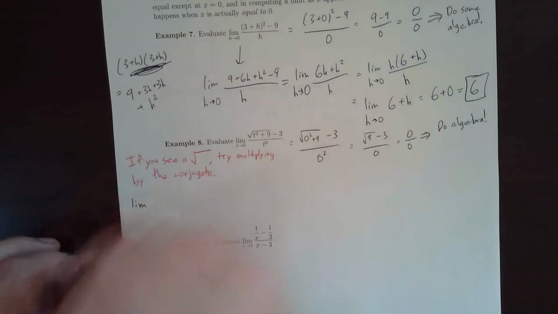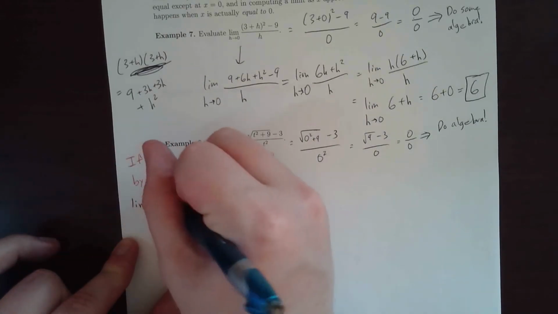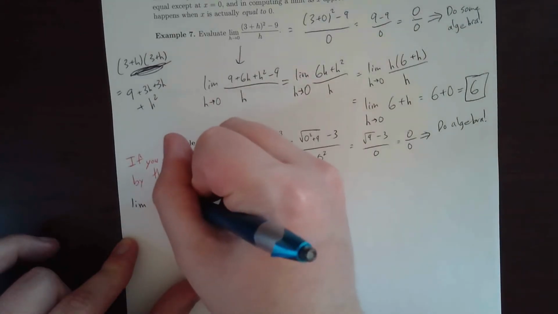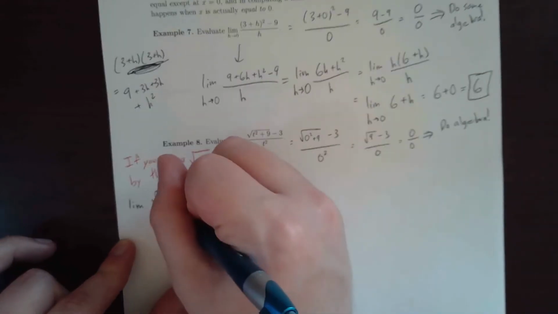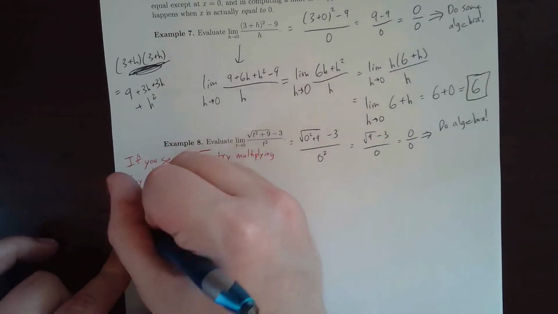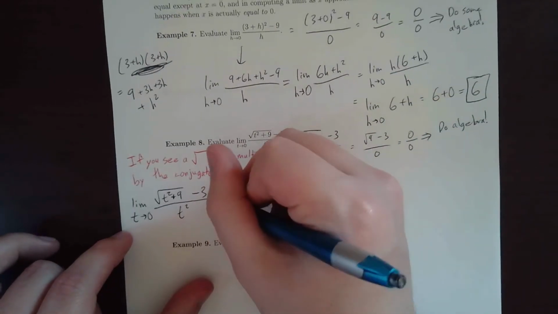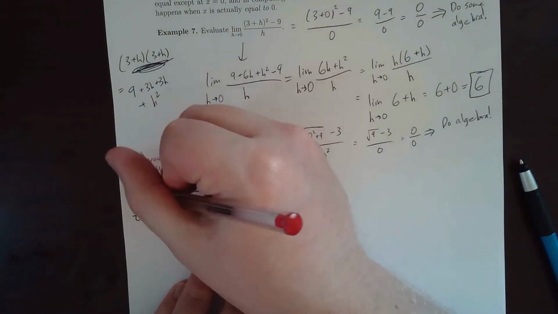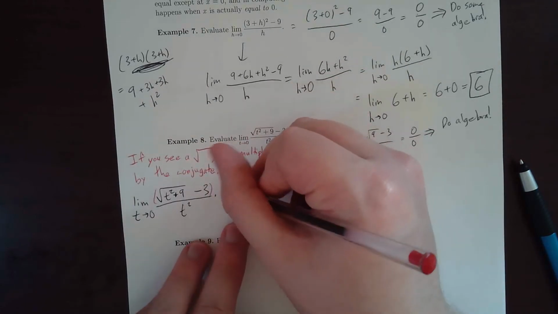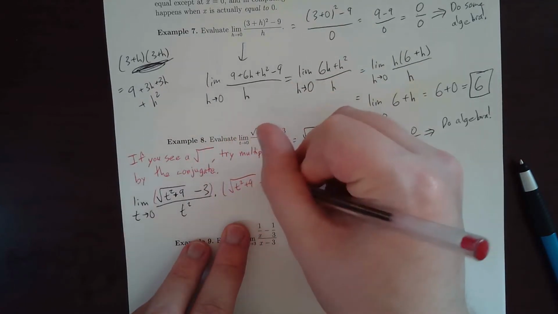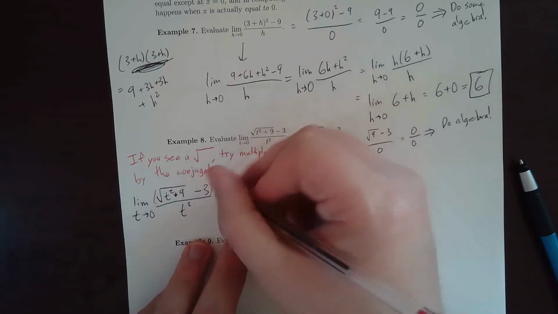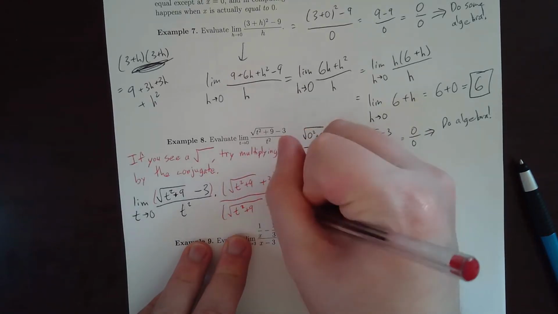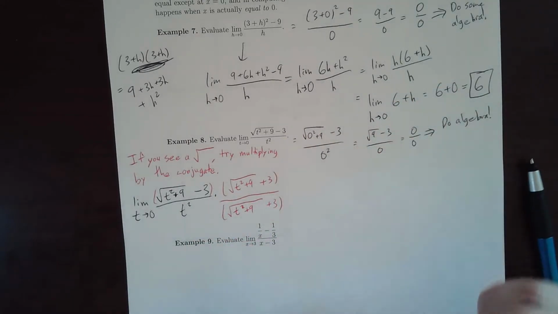So now we'll have the limit, as t goes to 0, of the square root of t squared plus 9, minus 3, over t squared, and we'll multiply it, and again, parentheses will be important here for this multiplication, times the square root of t squared plus 9 plus 3, over the square root of t squared plus 9 plus 3. So again, this is essentially multiplying by a 1.